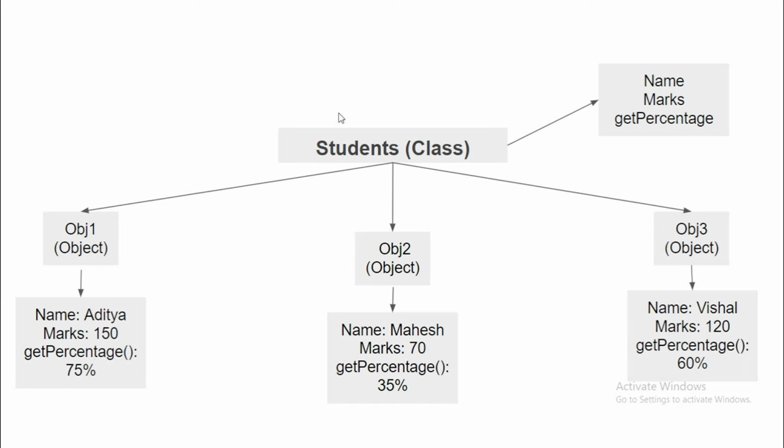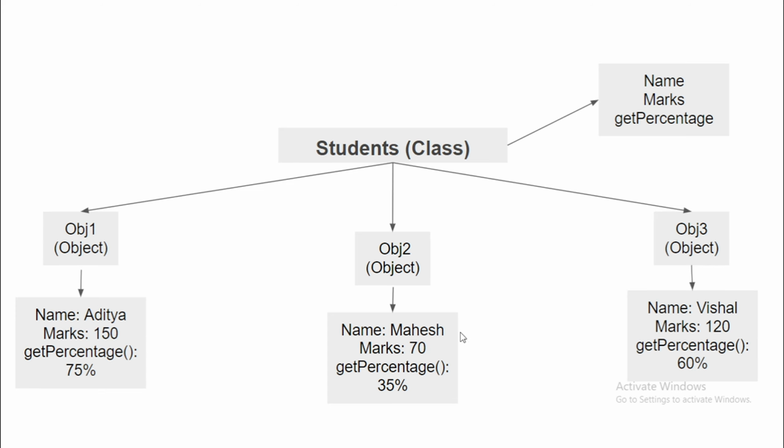Okay, so let's start. First, we'll understand what a class is. A class is giving a template. It is holding a name variable, a marks variable, and a get percentage method. That template is going to be used by object 1, object 2, and object 3. In object 1, the name variable has the value Aditya.